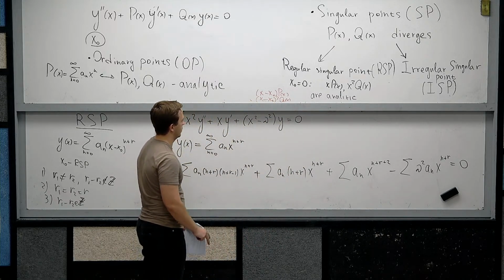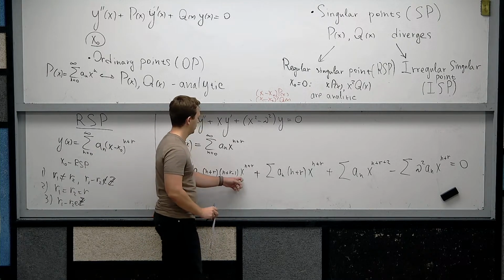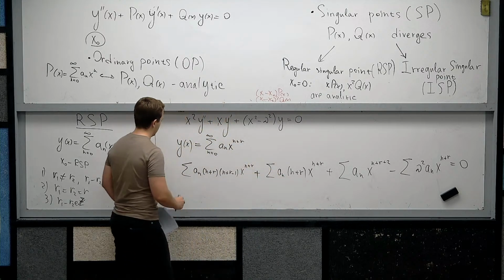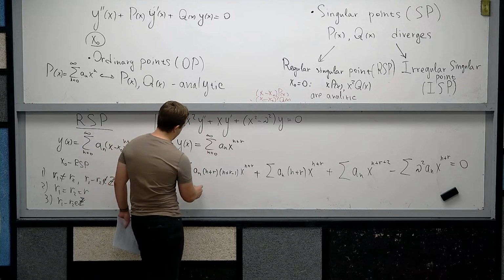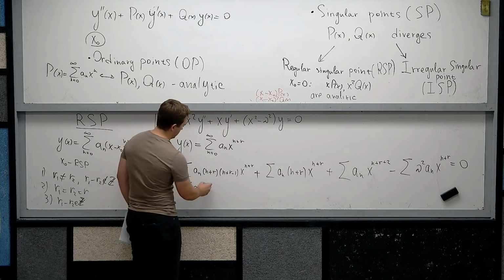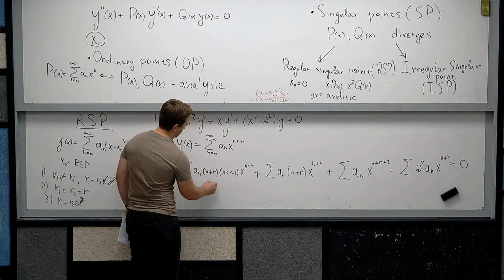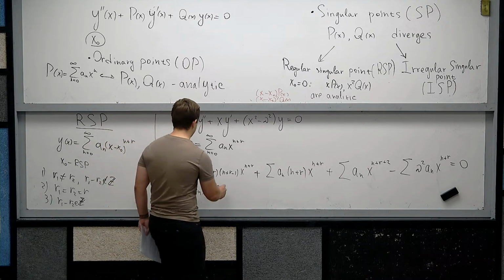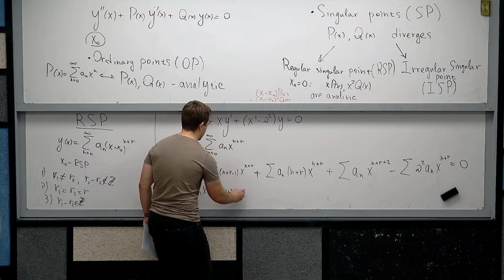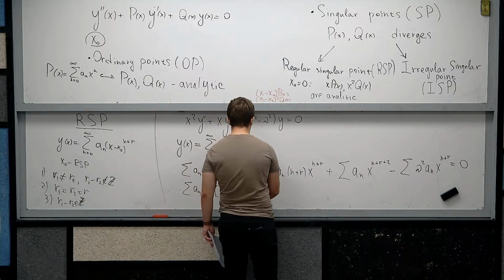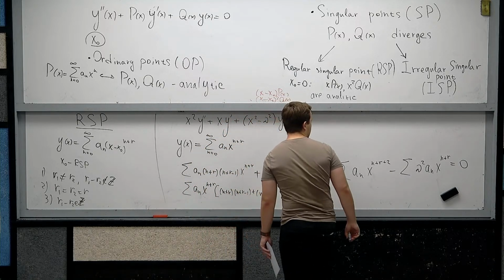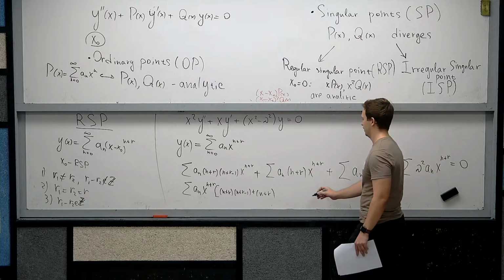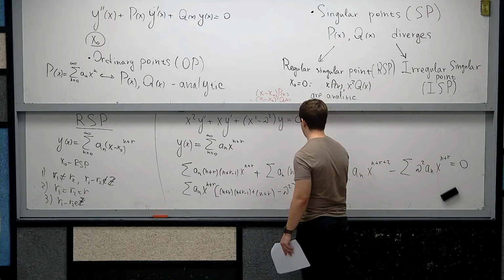So the next step is to group terms with the same power of x. So a n x to the n plus r, and in the brackets we will have n plus r times n plus r minus 1, plus n plus r, and here minus nu squared.